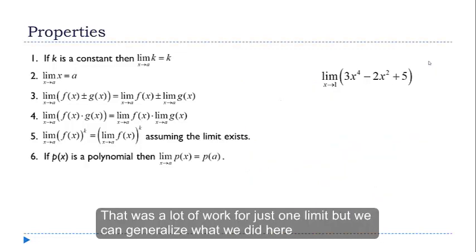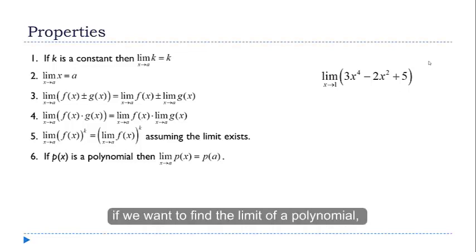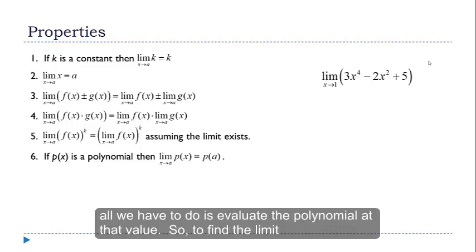Now, that was a lot of work for just one limit. But we can generalize what we did here to get a method for finding the limit of any polynomial, and that's property 6. It says, in other words, if we want to find the limit of a polynomial, all we have to do is evaluate the polynomial at that value.